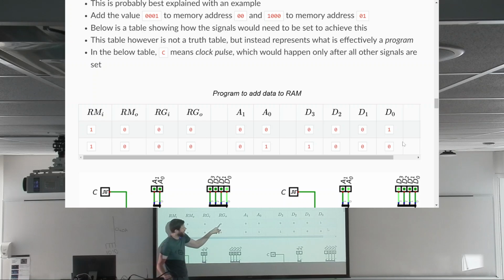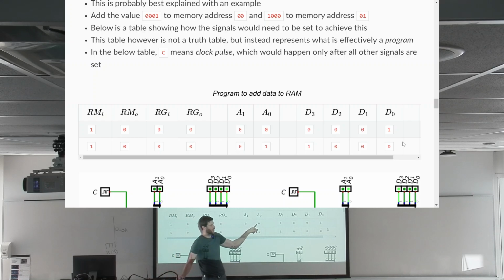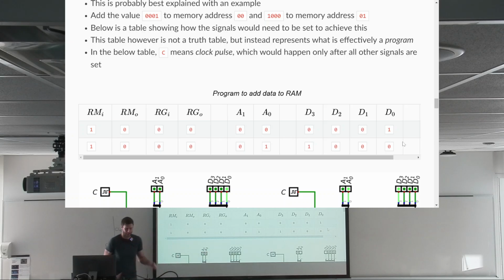Address line should be 00 because I just conveniently want to write to memory address 0. And the data I want to put into memory address 0 is 0001. Now, nothing will happen on the system until the clock pulses. But again, each row corresponds to a single clock pulse. So if this is the configuration, then that data would be loaded in there.